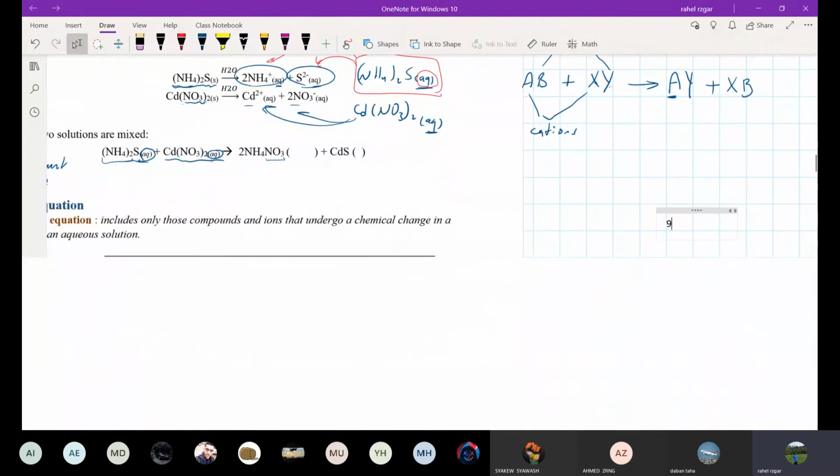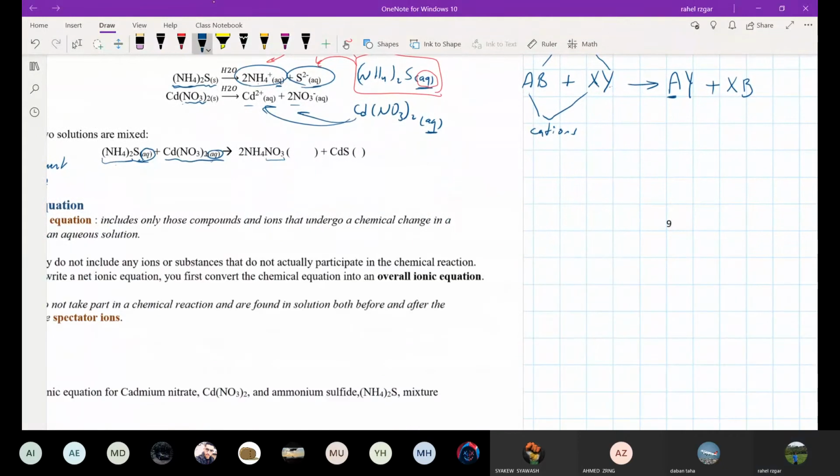So when it says, like this, one container contains ammonium sulfide. Another container contains cadmium nitrate. In the ammonium sulfide, it means that it is soluble, it's aqueous.